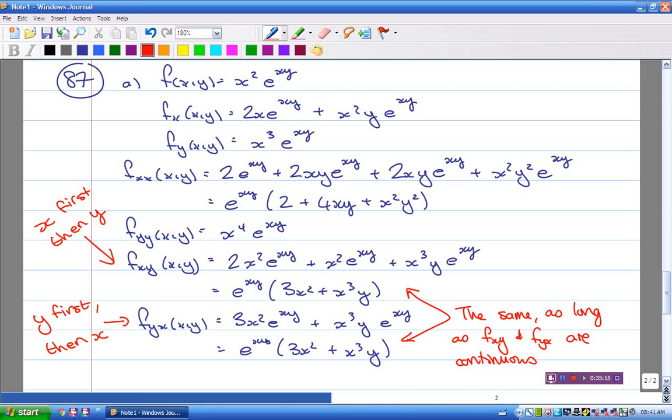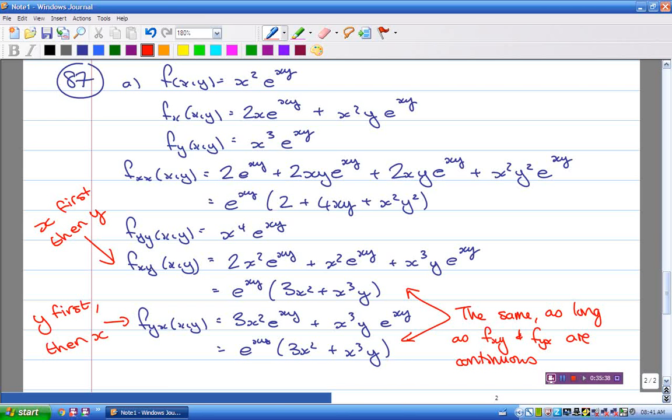Now, I've told you that they're almost always the same. I still would recommend that you do each of them, because if you made some silly mistake in your first derivative, it will become apparent here, because these two bottom ones will end up not being the same. So it's a little bit of a way of checking yourself. So I would recommend that you do work them out independently, but it's quite surprising if they're different.